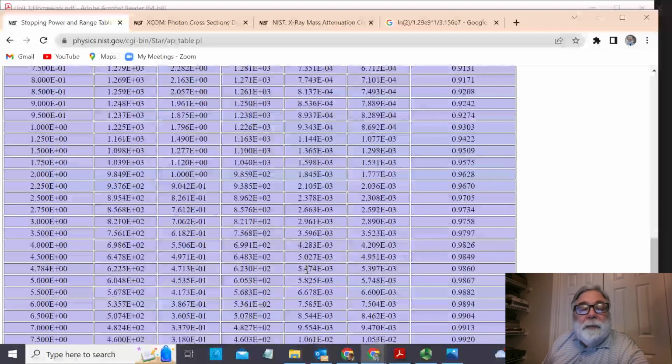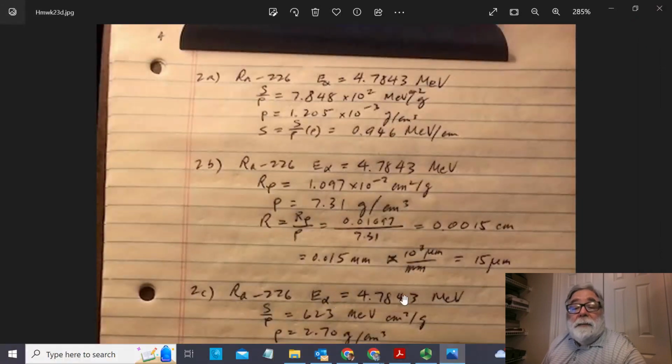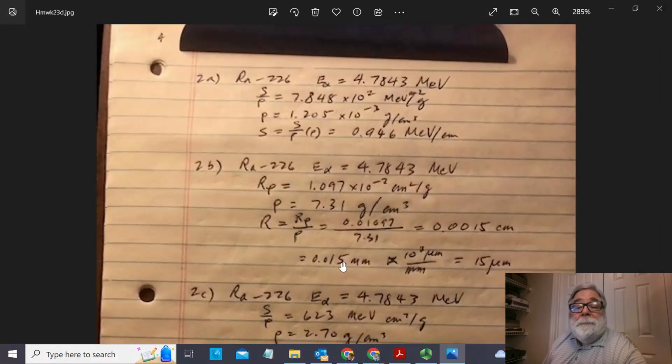So there it is. It's 5.474 E minus 3 square centimeters per gram, and that's over rho, 620.